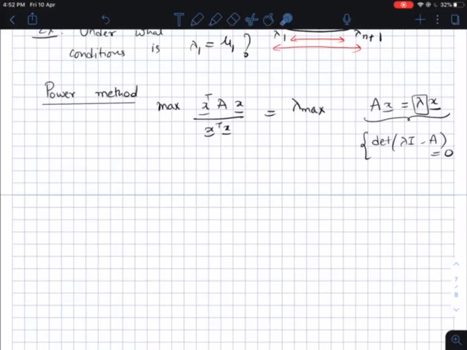So in order to obtain lambda max, all I need to do is somehow find an x such that x has a very large component along the eigenvector of lambda max. Let's call that eigenvector v max.